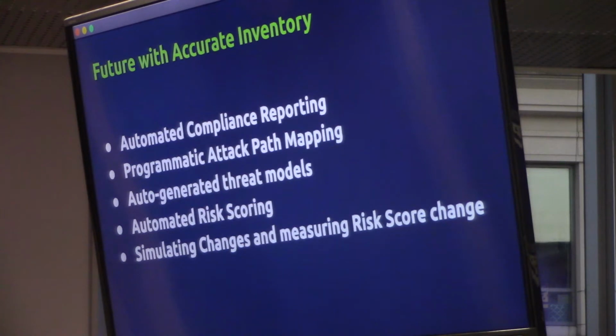You could, in theory, run those over and over, iterate across all your assets, and know really soon after it was deployed, and as you mature before you deploy, what changed in your environment and what impact that was. So what I'd like to get to at some point is that bottom bullet point. It doesn't exist as far as I'm aware. Everybody says there's marketing material to get there, but simulating changes and measuring risk score changes ahead of time.